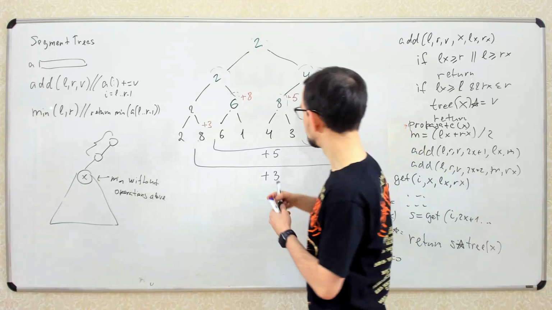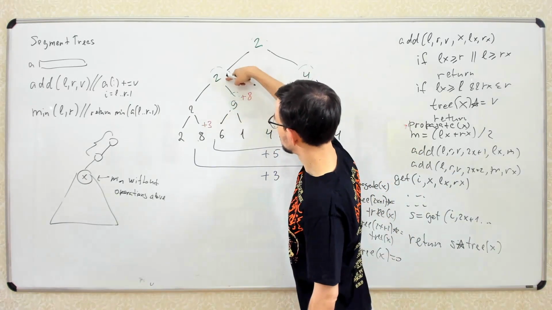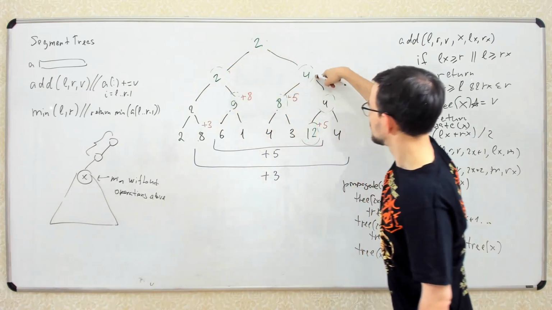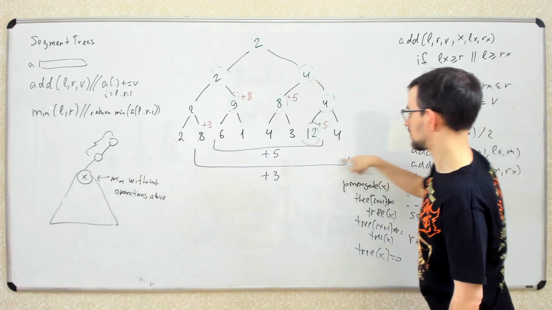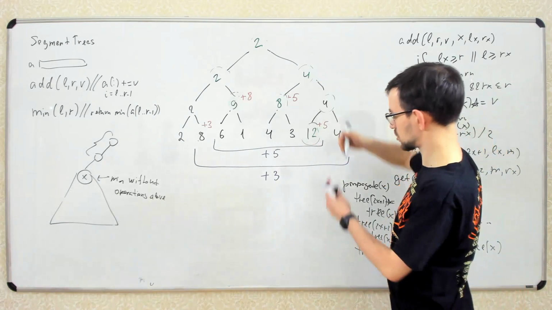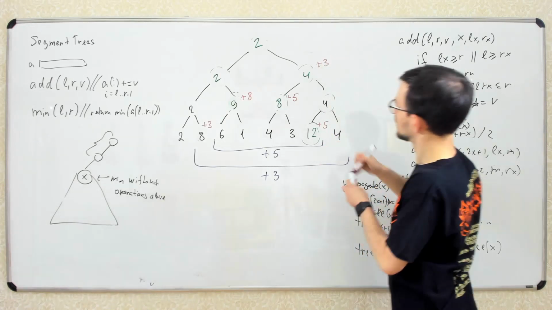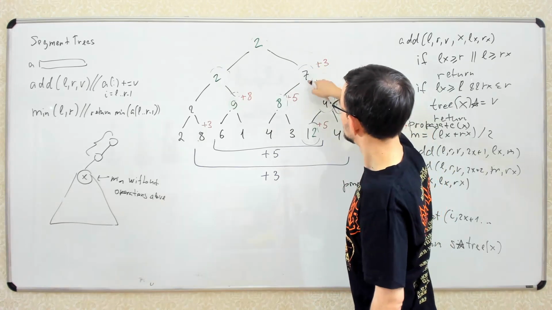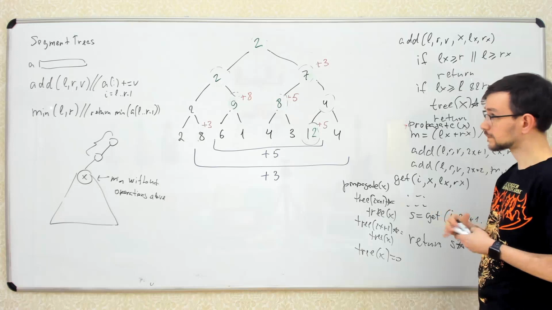So 6 plus 3 is now 9. You go back from the recursion, recalculate this minimum as 2. Then go back, go here. This segment is completely inside, so we just apply the operation here. Here we have plus 3. Change the minimum to 7. Then go back, recalculate this minimum, it's 4. So that's all.